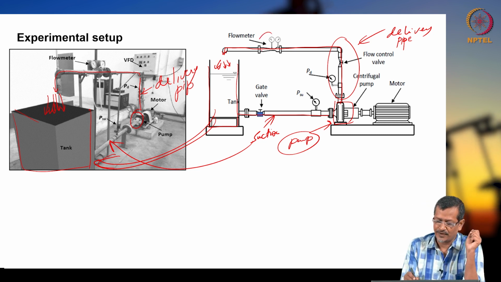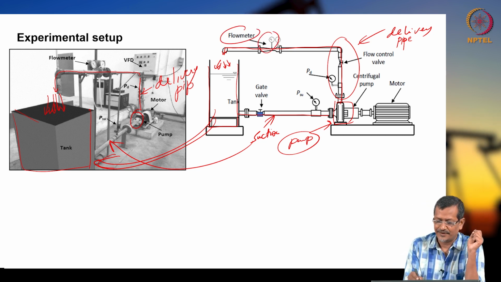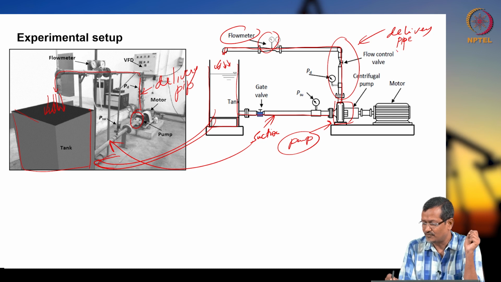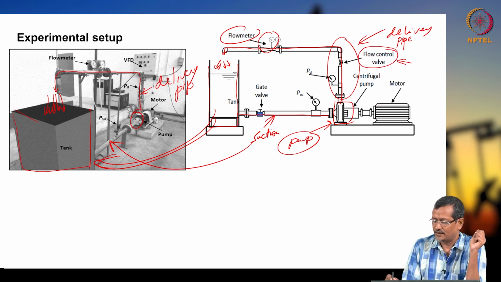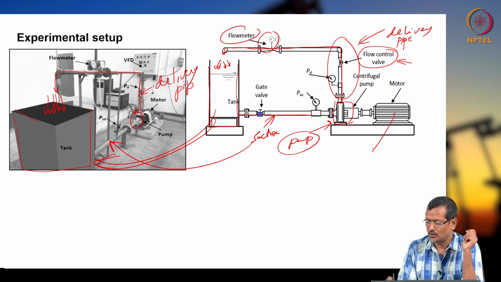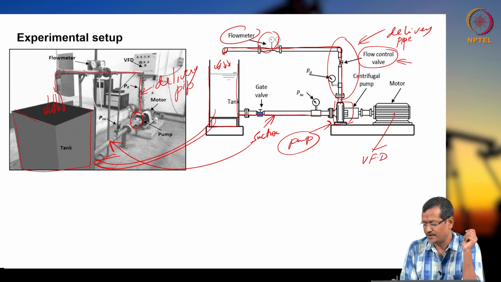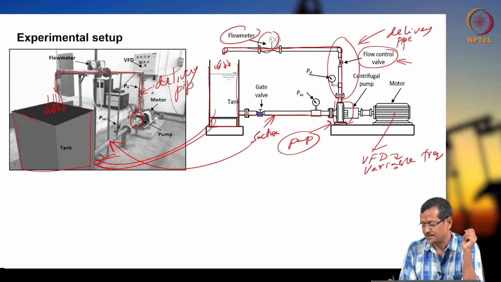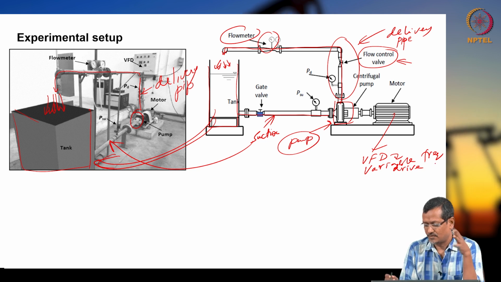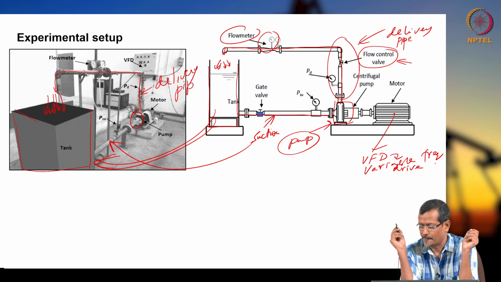For flow rate, we had a flow meter. Then we had a pressure gauge and a flow control valve. You see this flow control valve, and the motor must be there, and the motor was controlled using a VFD, or variable frequency drive, or VSD you can say, variable speed drive.